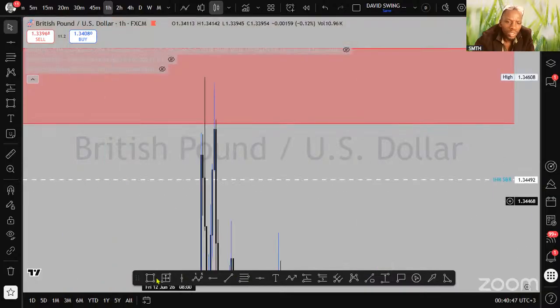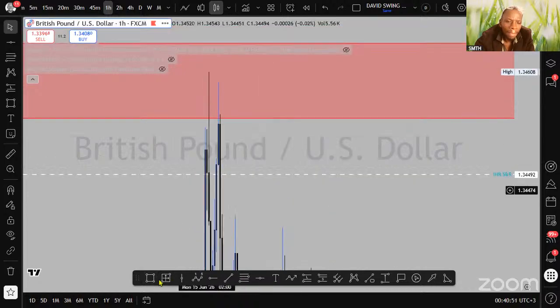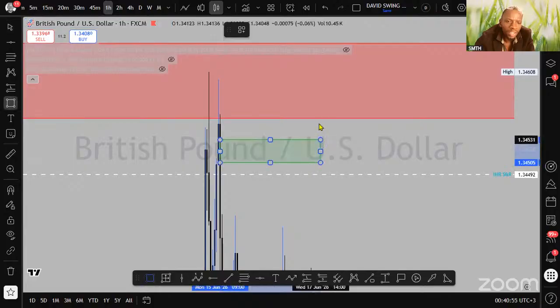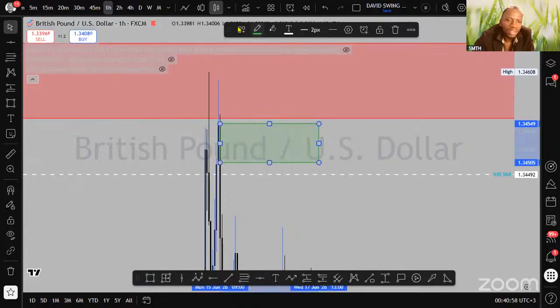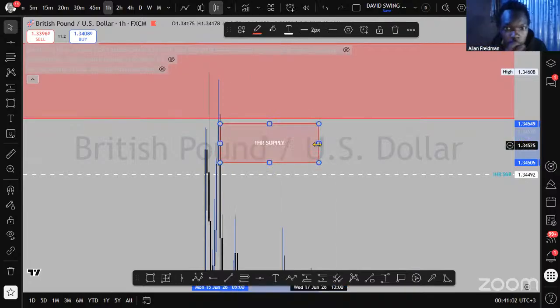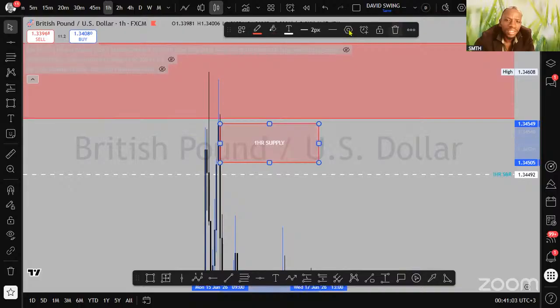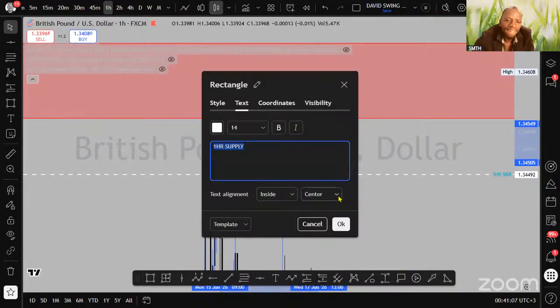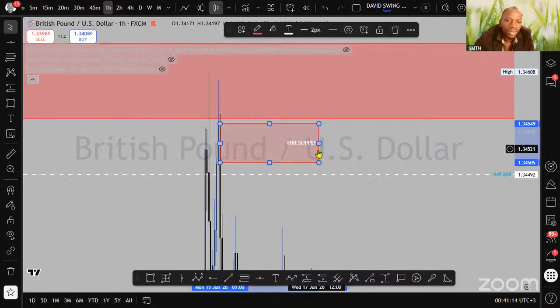I want you to see something. Did the 1 hour supply area come down a bit? Probably yes. And then extend it to the right. Oh no, I've not extended it.